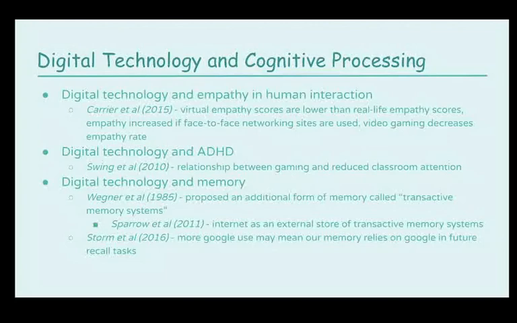Transactive memory systems means that memory is divided: some people would store certain memories, and this usually happens in a small group of people who are very close.